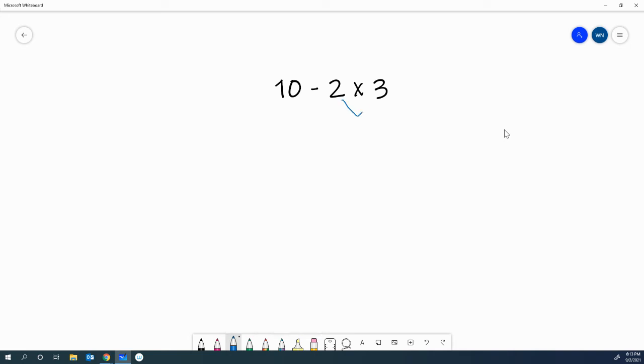The first step is that 2 times 3 is 6. Then I'm going to bring everything else down. I used that 2 times 3 and got 6, so I'm not going to bring those down. Those are already used. I'm going to bring down the subtraction sign and the 10. Now all we've got left is a subtraction problem. 10 minus 6 is 4, and 4 is my correct answer.